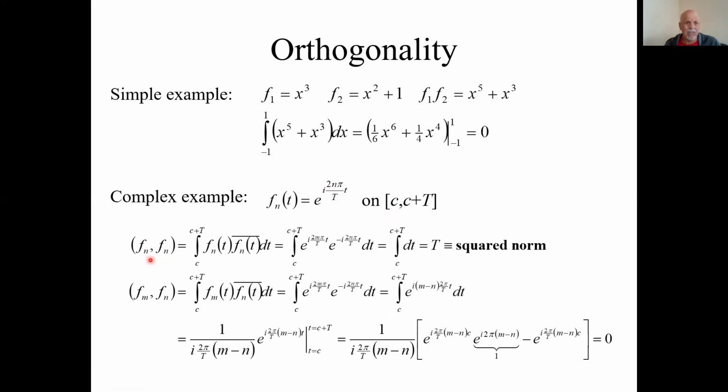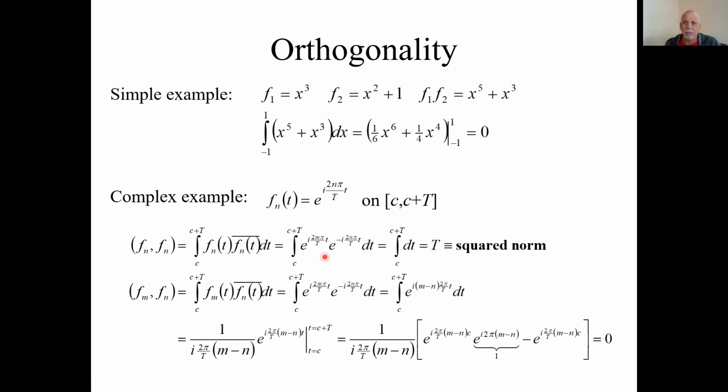First, let's look at any function, its inner product with itself. Means we're putting it in this integral. That's the definition: function times its complex conjugate, integrate it over that interval. Here's the function, here's its complex conjugate.